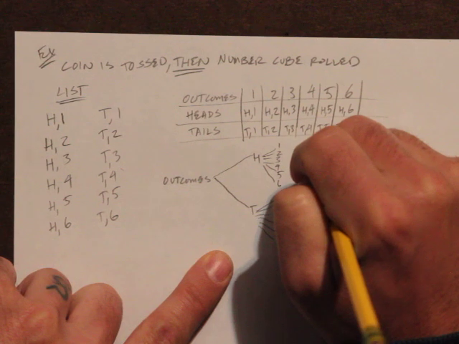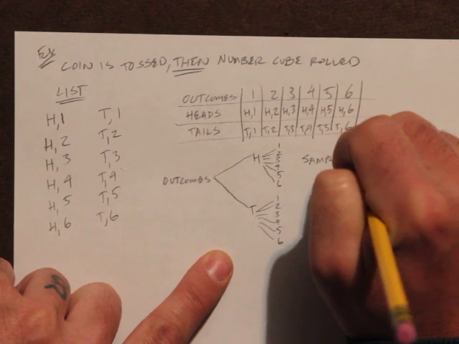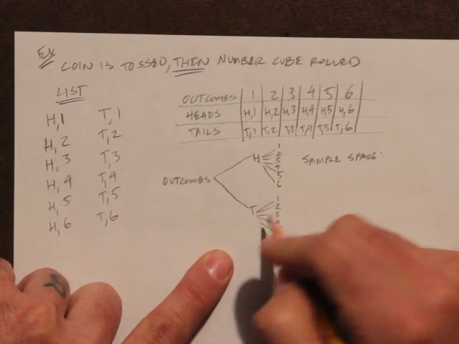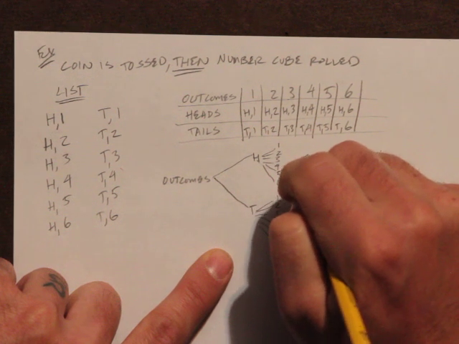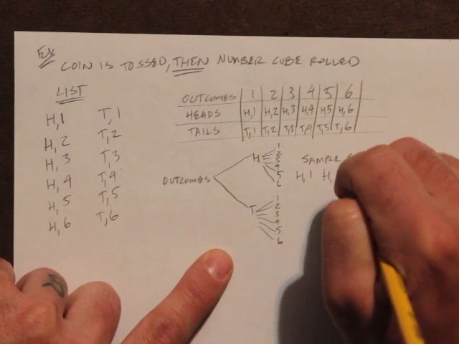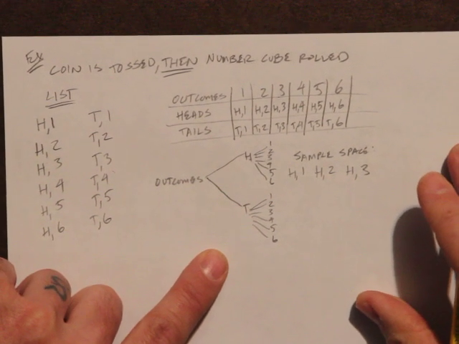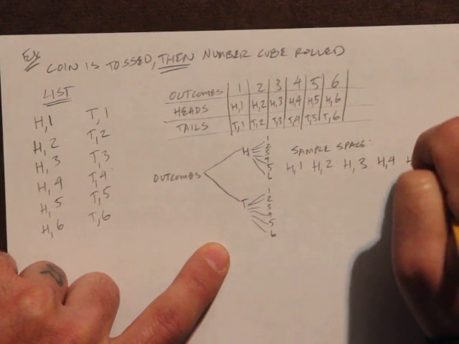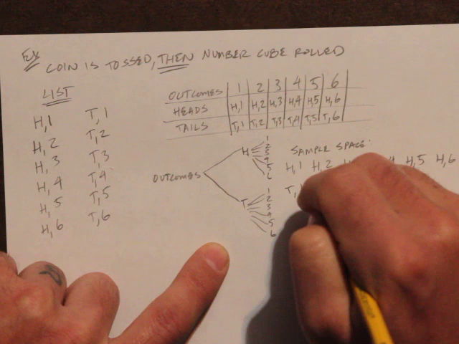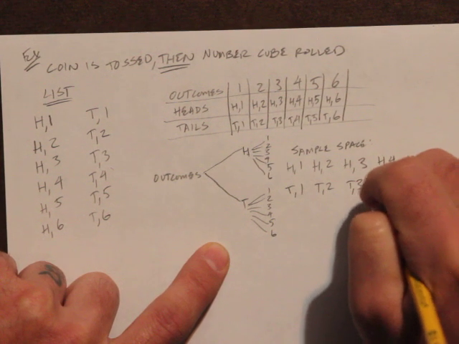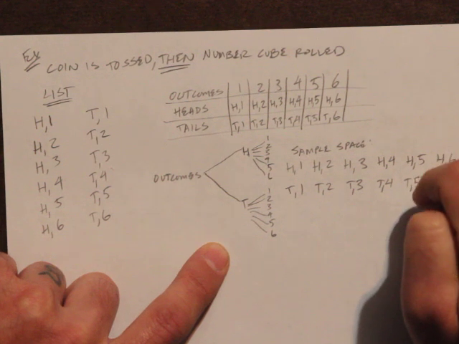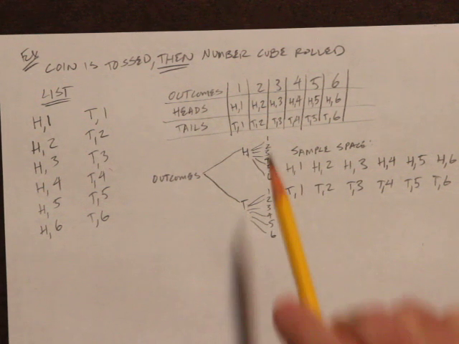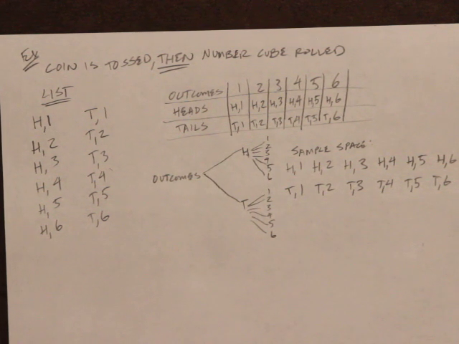So my sample space is heads 1, heads 2, heads 3, heads 4, heads 5, heads 6, tails 1, tails 2, tails 3, tails 4, tails 5, tails 6. So I'm just listing the sample space, all of the possible outcomes.